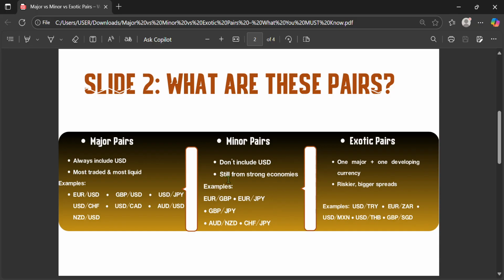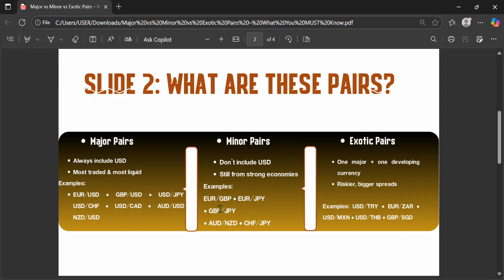And they are still from strong economies, just like the Euro, GBP, and JPY in the major pairs. So the only difference is that they do not include the US dollar, and the currencies here are strong economies.